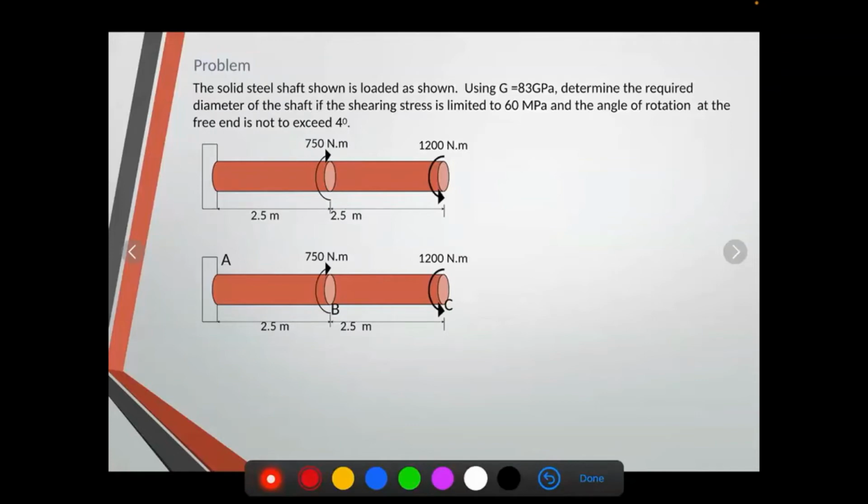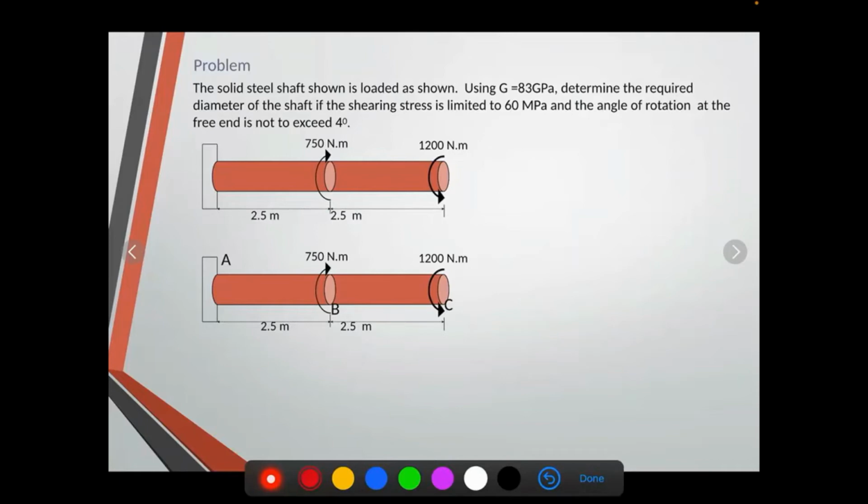Kaso anong ibig sabihin pag 0 siya? Ibig sabihin pag 0 siya, equilibrium, walang movement, at still yung object. Kasi we don't want our structure to be moving, di ba? Kaya tayo naglalagay ng support, no, para stable siya, para safe.